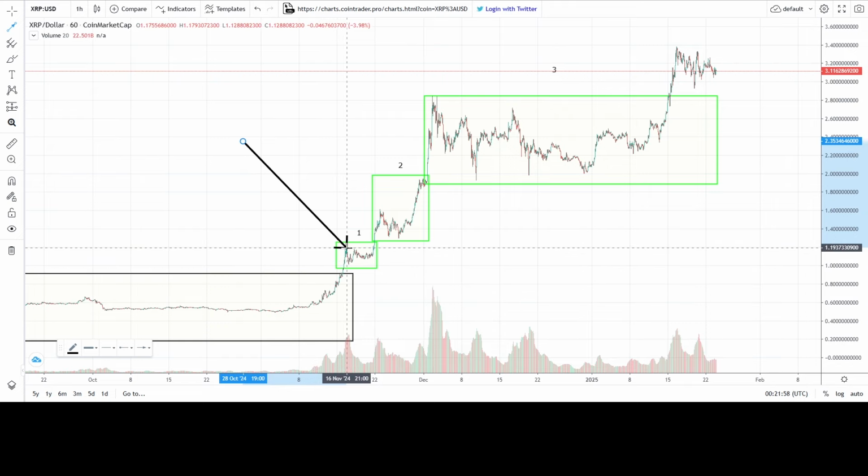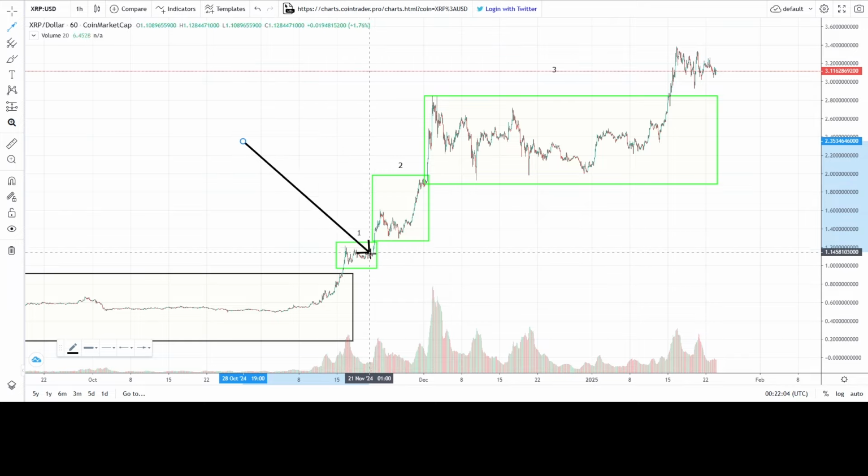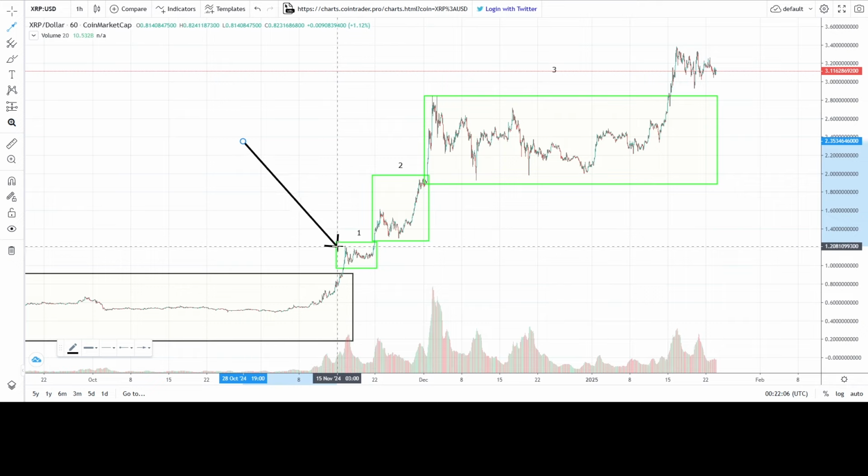But once you get to a large pullback, it goes into what are typically just classic consolidation patterns that you would see in a bull run structure. Once you see a large pullback and the consolidation patterns start to form, you know that you're in the first corrective structure. Now, these can play out on a small scale or a large scale.